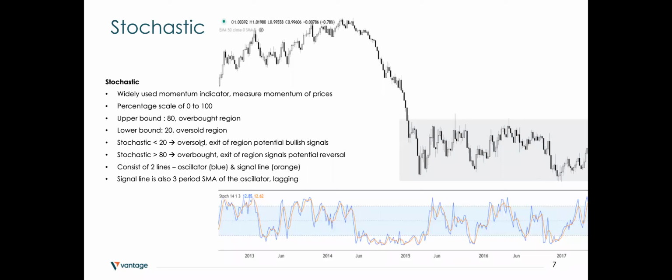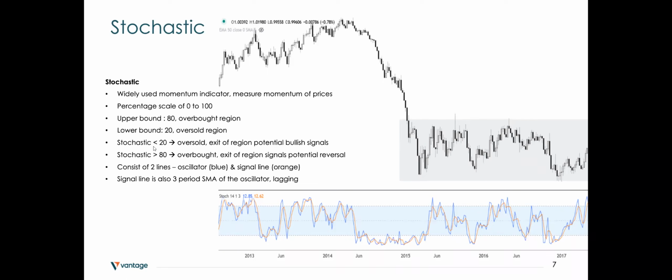Okay, but a more accurate representation of these two areas is that when it's below 20, in the oversold region, this usually indicates an exit of your potential bullish signal, and anything more than 80 is an exit region that signals a potential reversal.